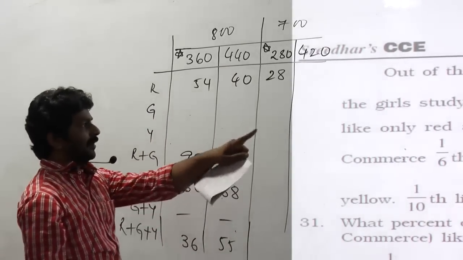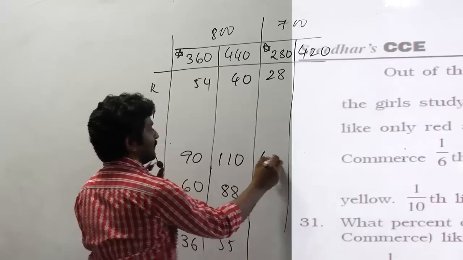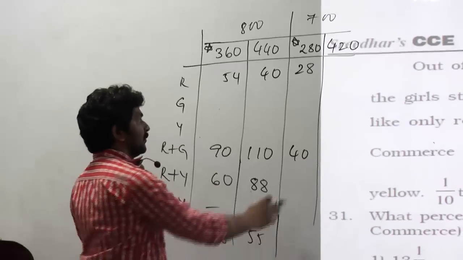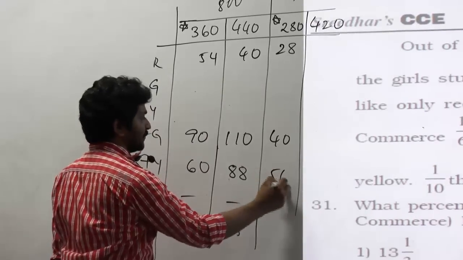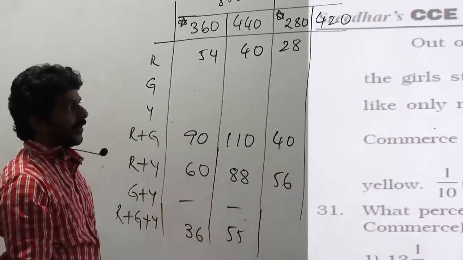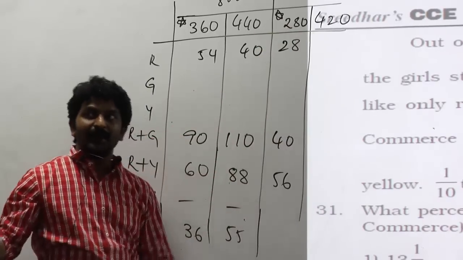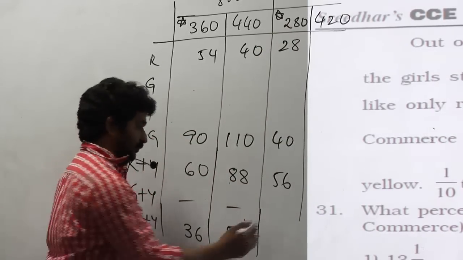Where are we? 1/7 like only red and green, 1/7 which is 40. 1/5 like only red and yellow, 1/5, take 1/10 and then double it, 56. 15% like all the three colors, 15%, 10% is 28, half is 14, 28 plus 14, 42, all the three colors.